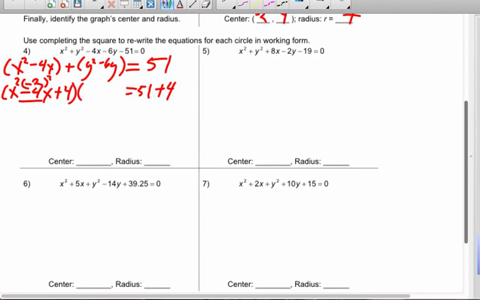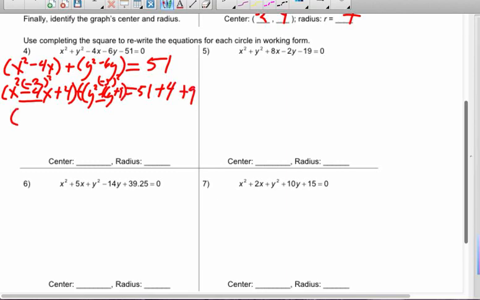And then I do the same thing over here. So I'm going to have plus my y squared minus 6y. Half of this is a negative 3 squared. That's going to be plus 9, plus 9. Then we factor this out.